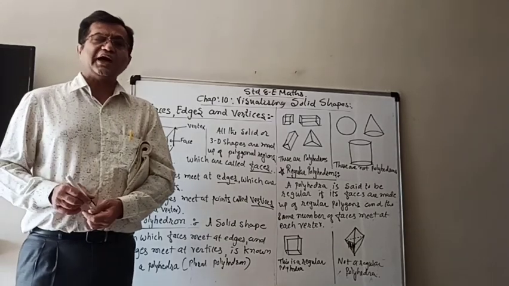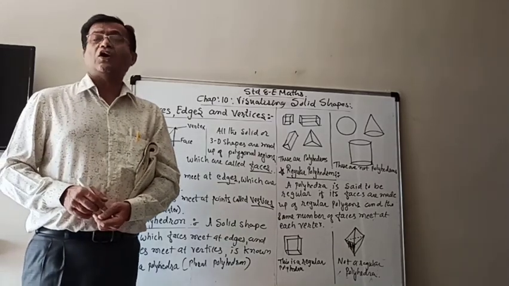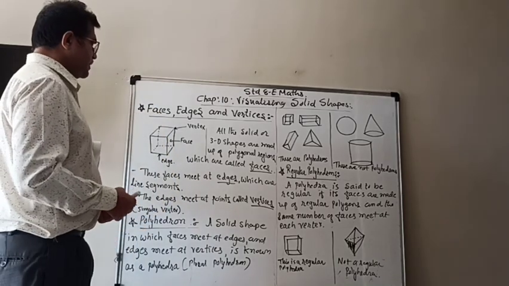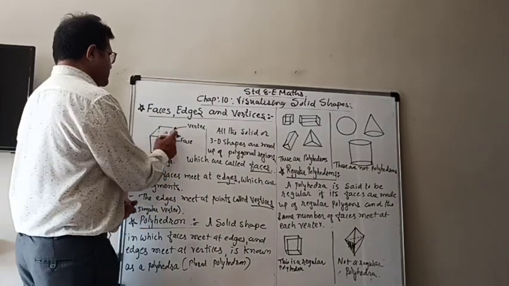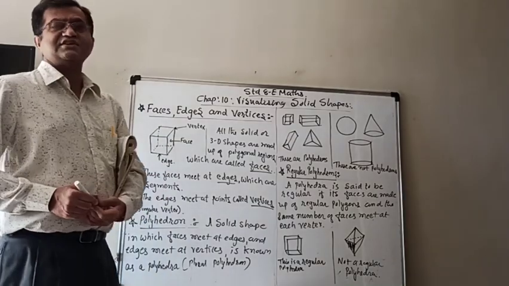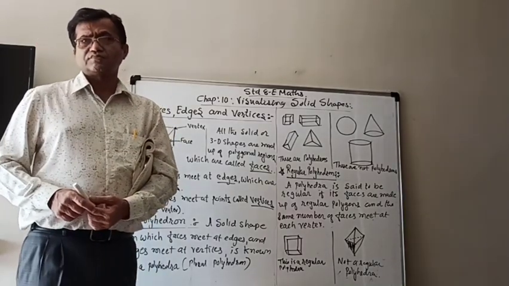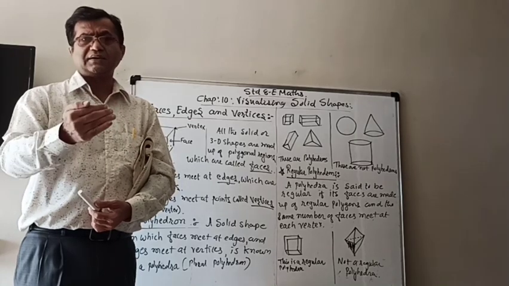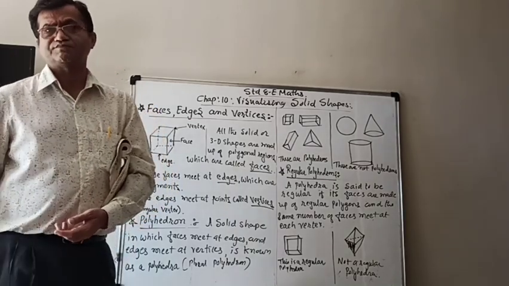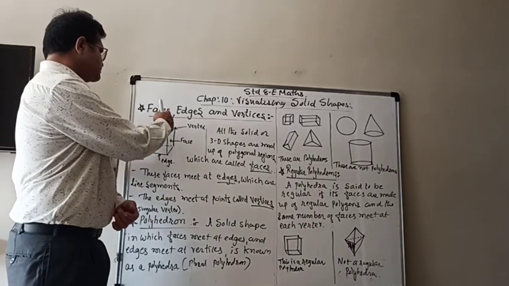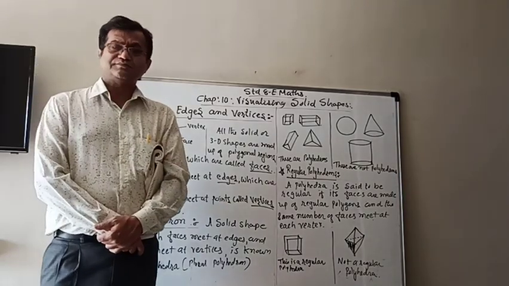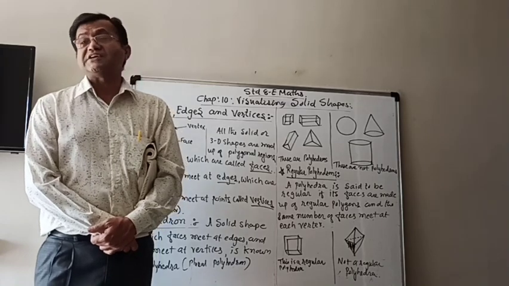Here you can see that I drew a cube. It is bounded by 6 surfaces: left, right, front, back, top and bottom, and these are all flat polygons which are known as faces.